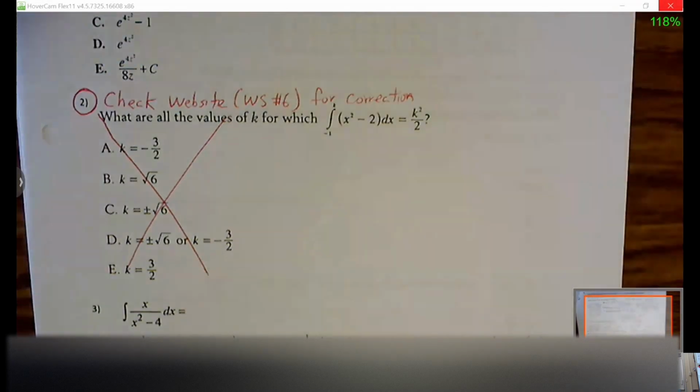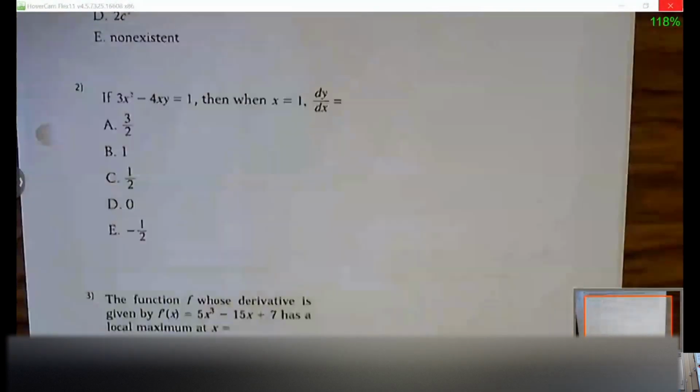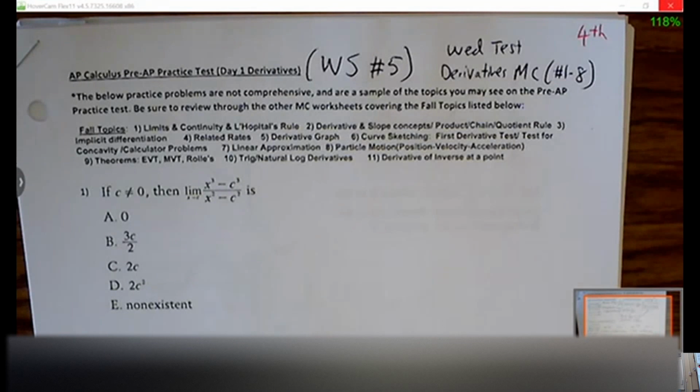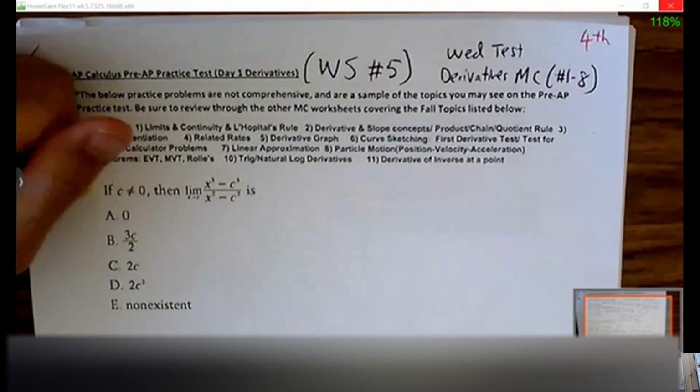All right, so let's go to worksheet 5. Okay, let's pick off some problems here. Let's start with number 1.